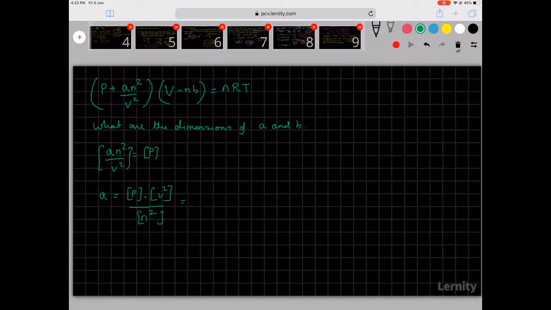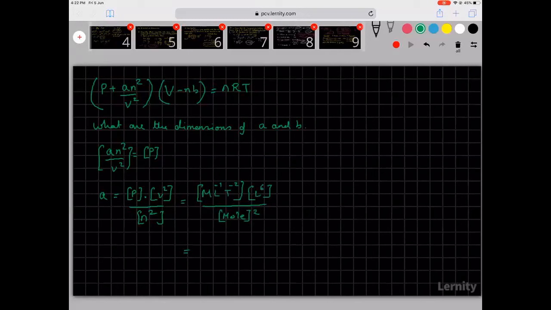So dimensions of pressure is force upon area. So force upon area is m L power minus 1 T power minus 2, into dimensions of volume, which is L power 6, divided by mole squared.